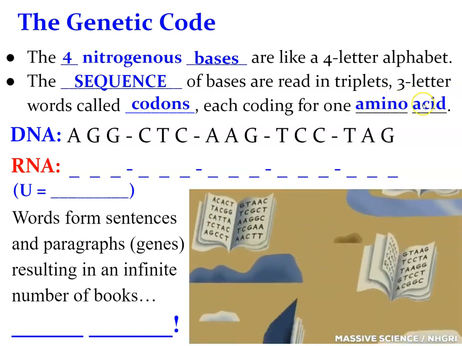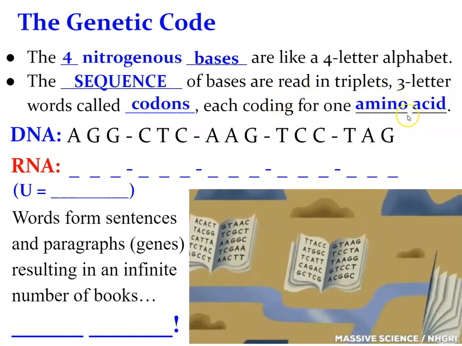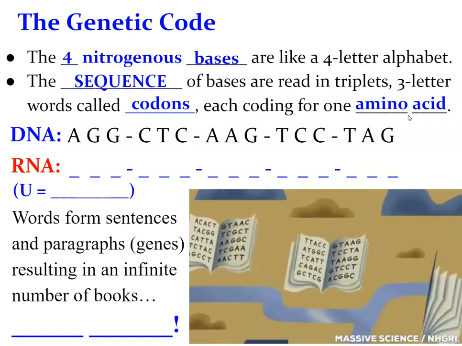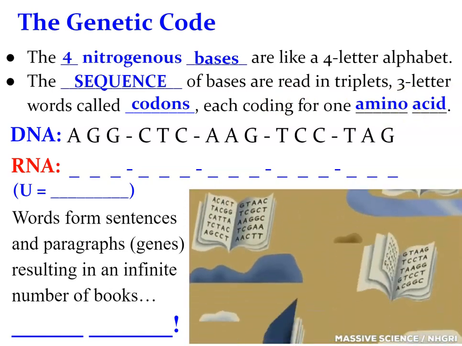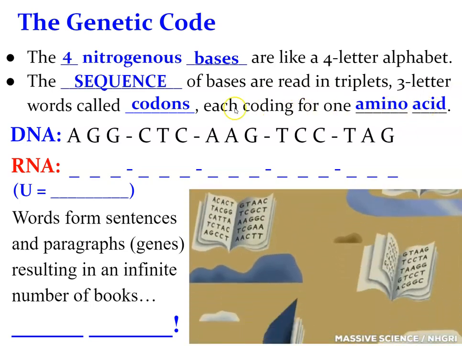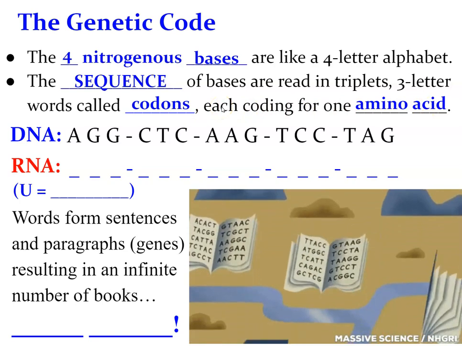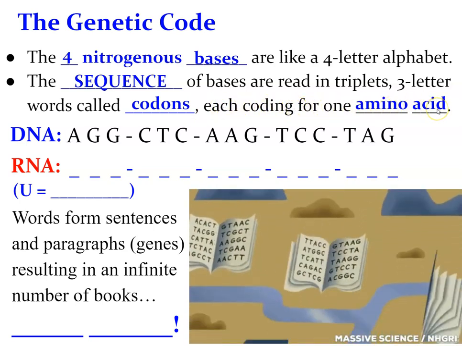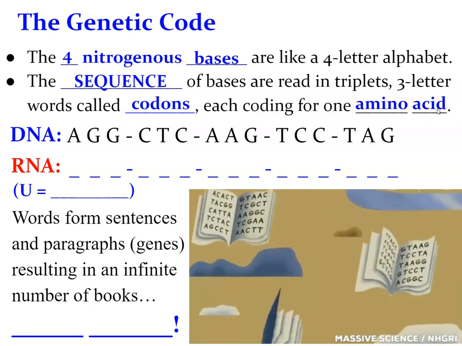That's where we're going next. Next, after we look at replication, how DNA copies itself, we're going to take a look at how amino acids are strung together, how the information in DNA is transferred to RNA, and then RNA strings together amino acids into polypeptides and proteins.